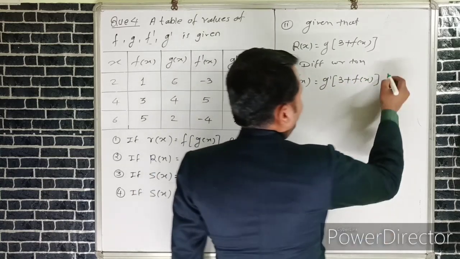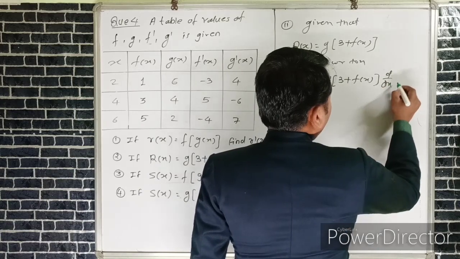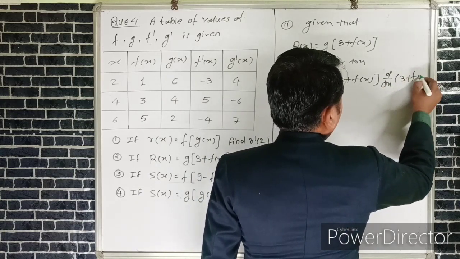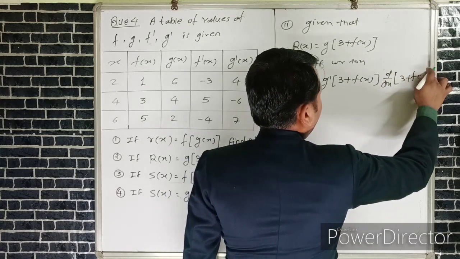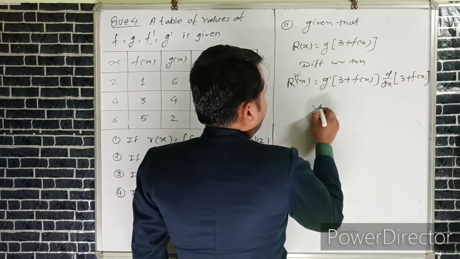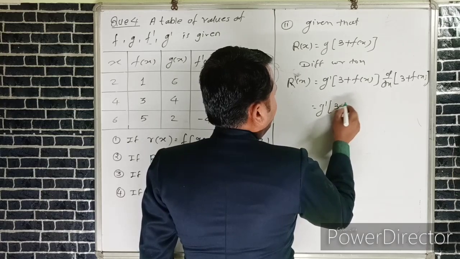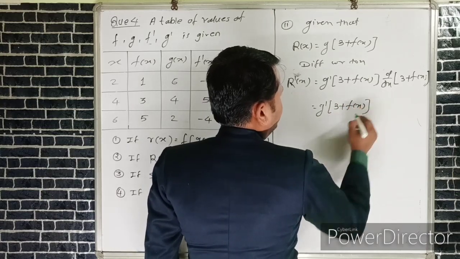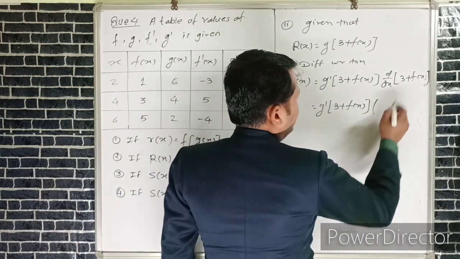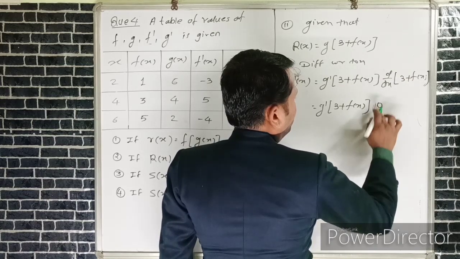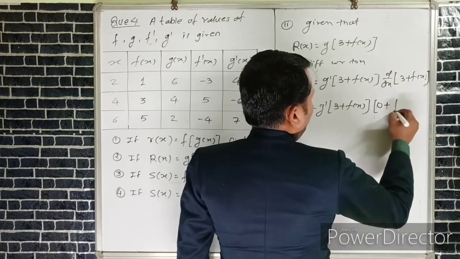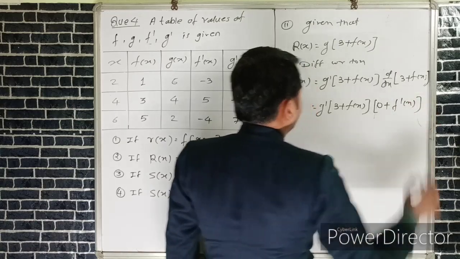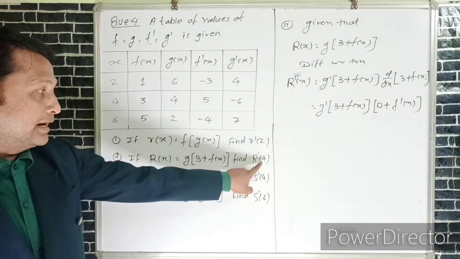After that, we again differentiate 3 plus f of x, keeping g dash of 3 plus f of x as it is. We know that the derivative of 3 is 0, plus the derivative of f of x, which is f dash of x.